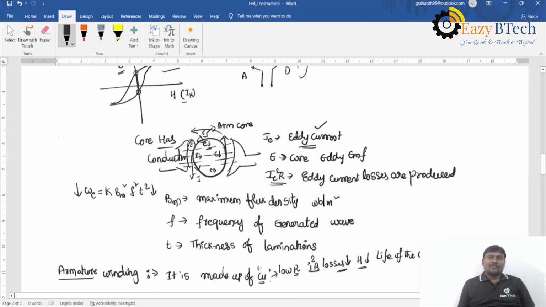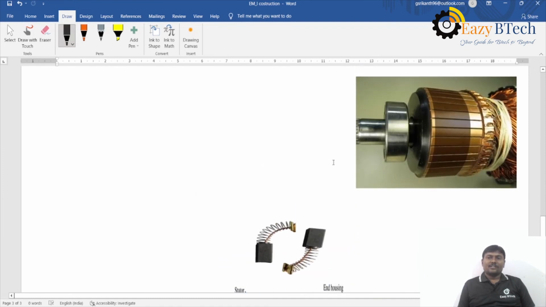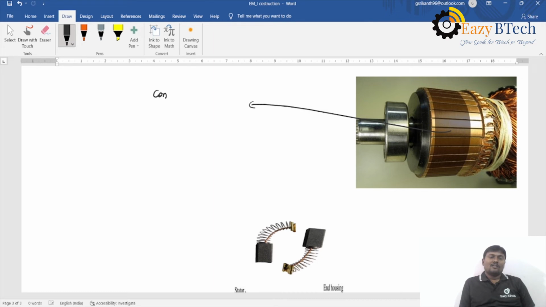Once you check it, this part is called the commutator. Generally, rather than a sinusoidal waveform, we prefer the flat topped waveform for the wave generated in an armature conductor.